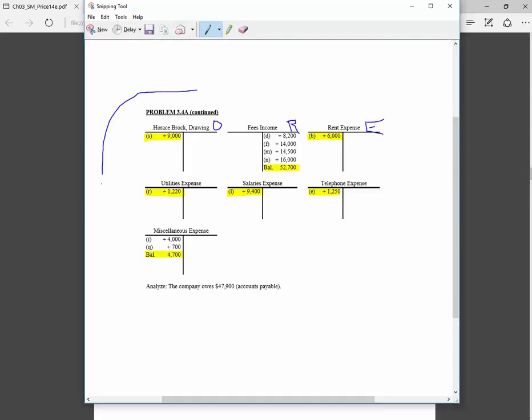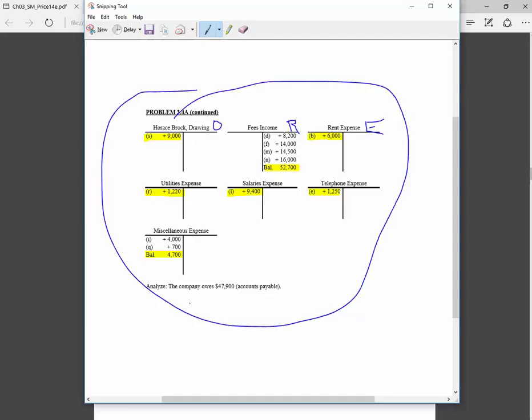All of these accounts are temporary accounts. That means at the end of the period, they are going to be used in the income statement and the statement of owner's equity to figure out if our owner's equity has increased or decreased.